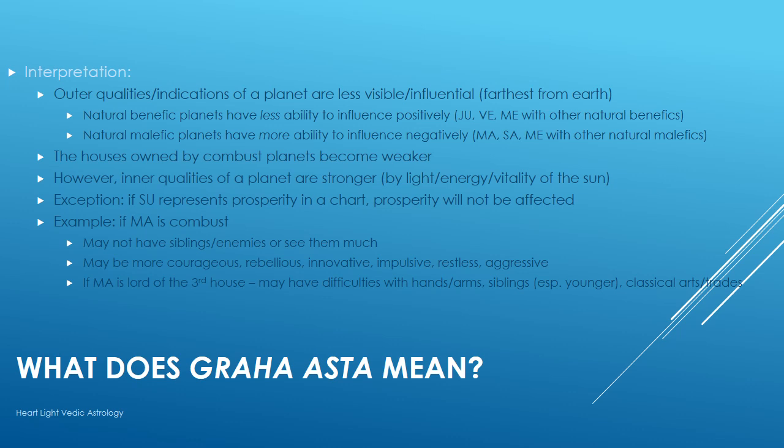So if you're thinking about a profession along those lines, that may make it a difficult road. So that's the interpretation of a planet combust, Graha Asta, and an example. Again, if you're looking at charts or your own chart, it can help you with interpretation.